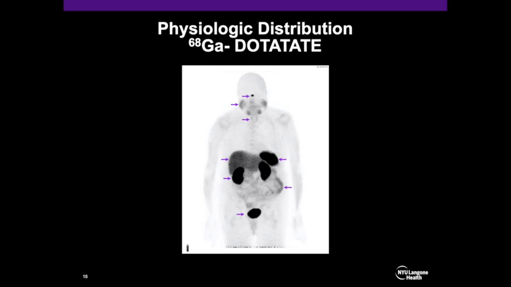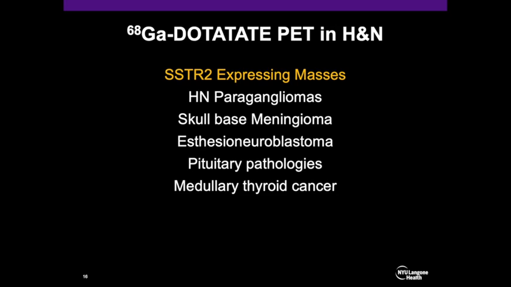And in cases like esthesioneuroblastoma, when we deal with skull base lesions, lack of brain activity makes everything much more easily recognizable. And that brings us to the concept of which masses of the head and neck express somatostatin receptor type 2, which is the main target of the dotatate PET.